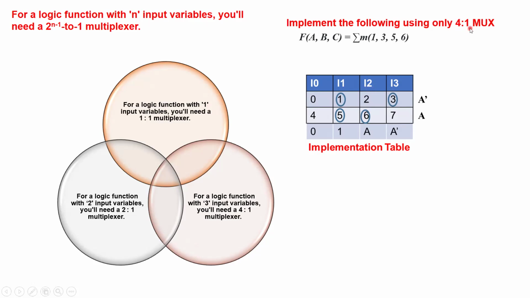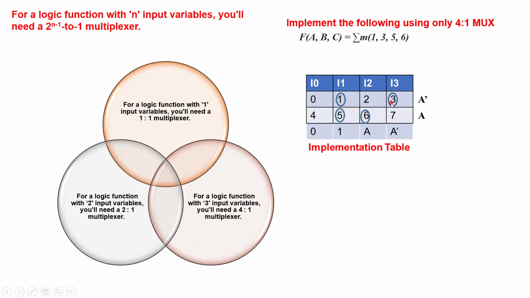We know that these are the data input lines of the 4:1 MUX, and then you have 0, 1, 2, 3, 4, 5, 6, 7, and the first row is labeled as A bar, the second row is labeled as A. Once you are done with this implementation table and labeling of the rows and the input data lines from I0 to I3, what you need to do is look at the minterms given, that is 1, 3, 5, 6. So just circle them: 1, 3, 5 and 6.